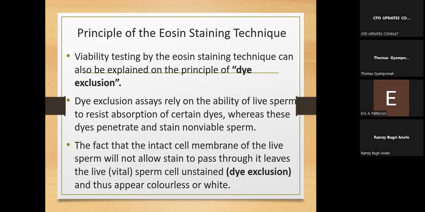Once it's dye excluded, the sperm will be colorless. It will not stain. And those that are not able to exclude it, the dye will now enter. And so that is all. This exclusion principle is virtually the other side of the coin, the other side of the membrane integrity test. All right.